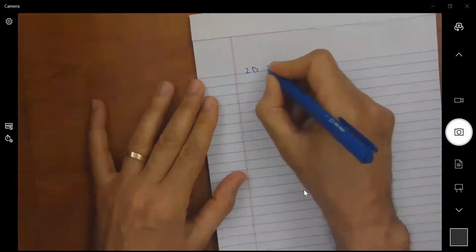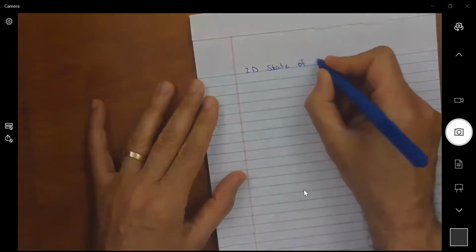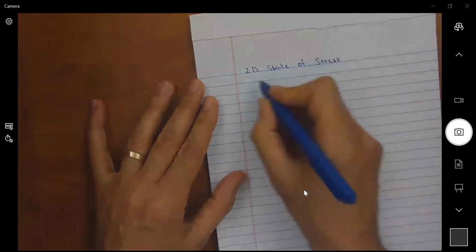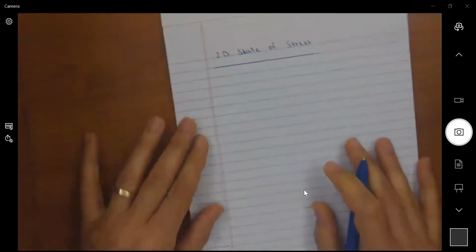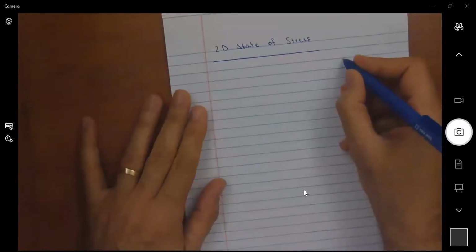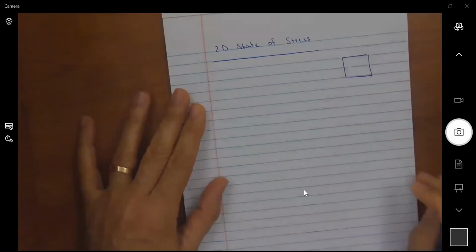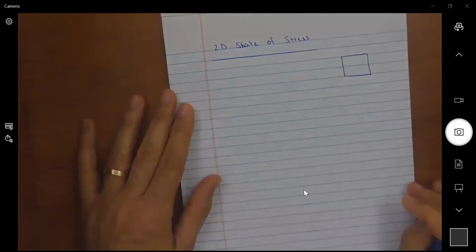To the state of stress, and you've seen that before in solid mechanics. I can use an infinitesimal element to represent a 2D state of stress.